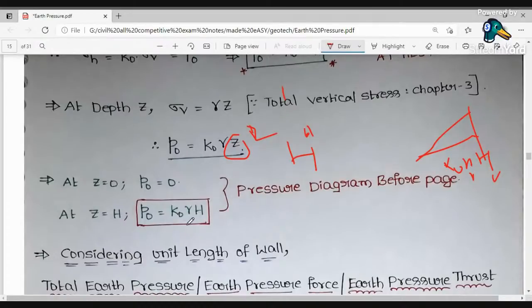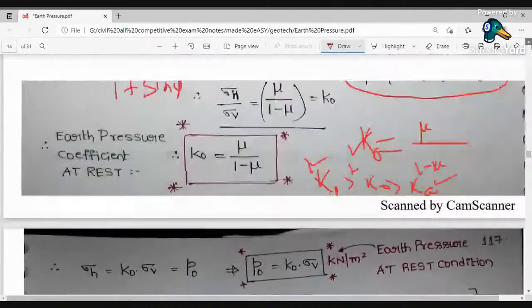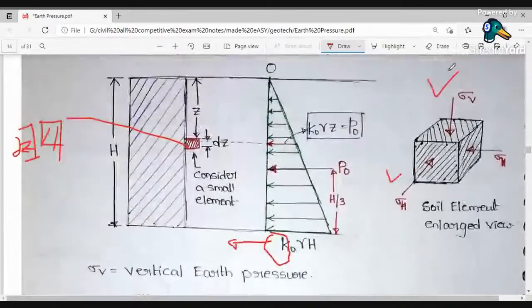Okay, so the pressure, if you consider the top point of the wall, see the figure. Since the Z value is 0 here, K naught gamma into 0, the value is 0.